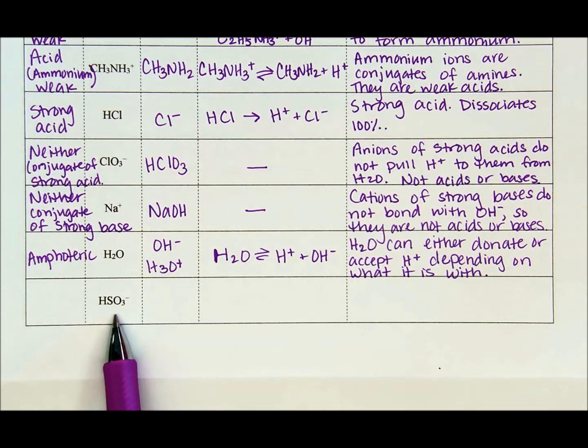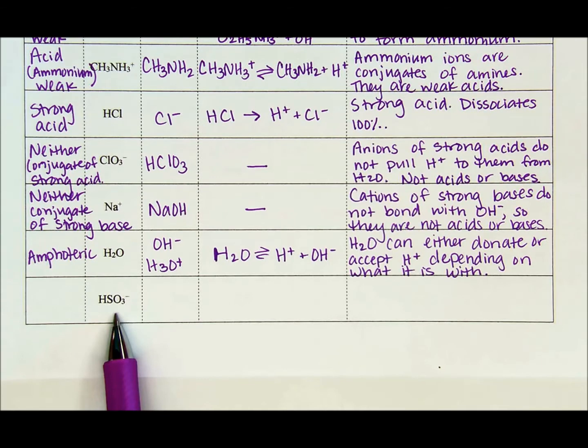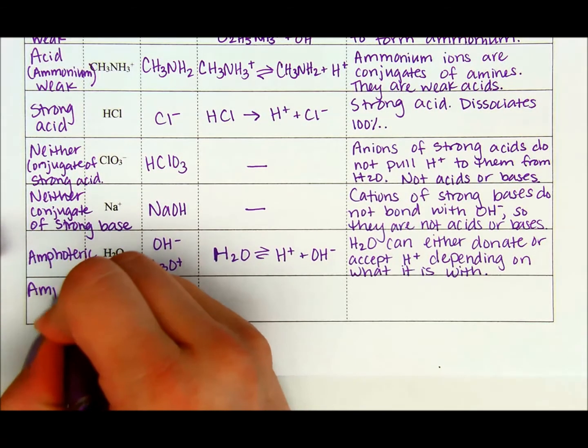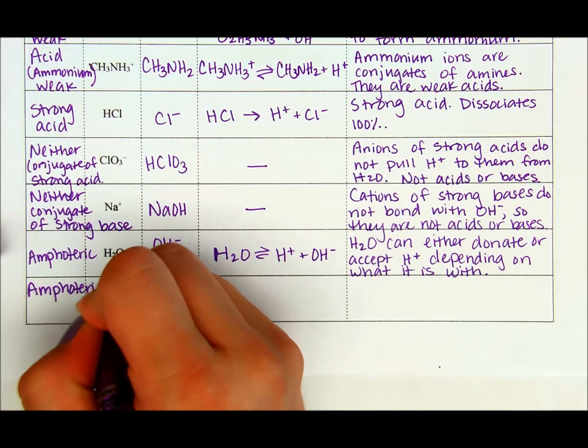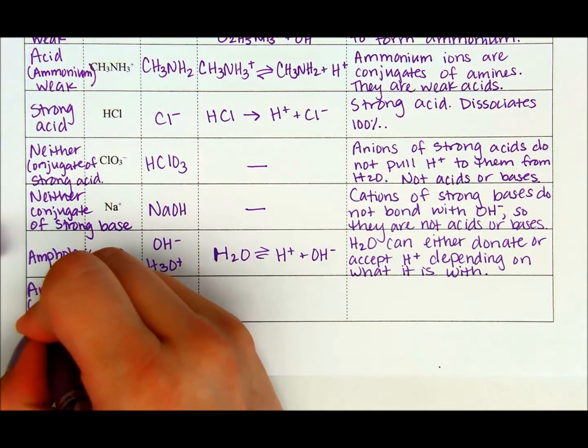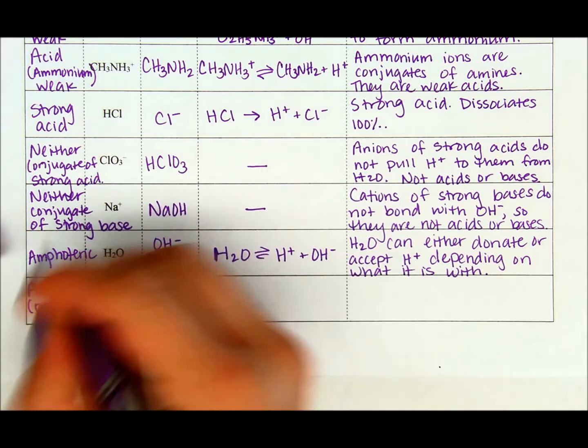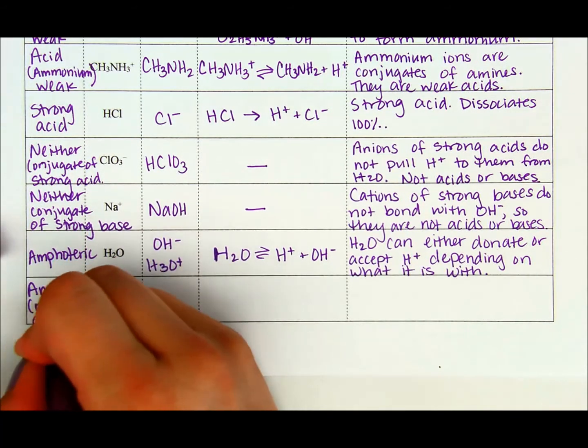Lastly, we have HSO3-. So this is also amphoteric because it's the conjugate of a polyprotic acid.